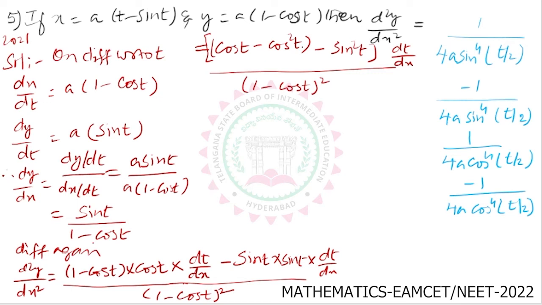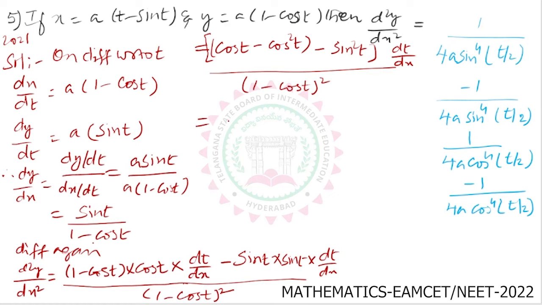So you may see that cos square t minus sin square t. If I take out minus common, so cos square t plus sin square t becomes 1. So this is 1 minus cos t.